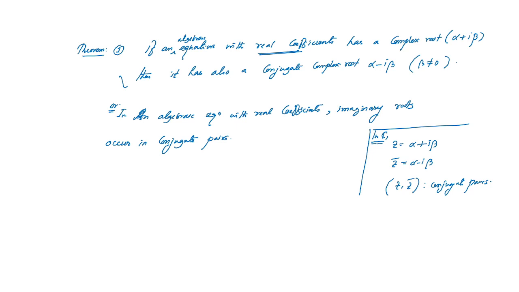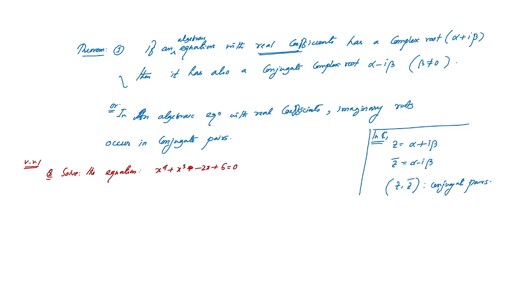So now we'll do one important problem based on this theorem. You can solve this kind of equation: solve the algebraic equation x to the power 4 plus x cube minus 2x plus 6 equals 0.